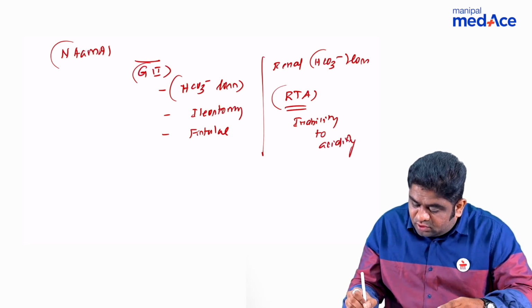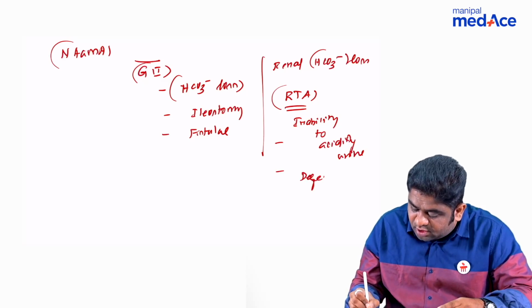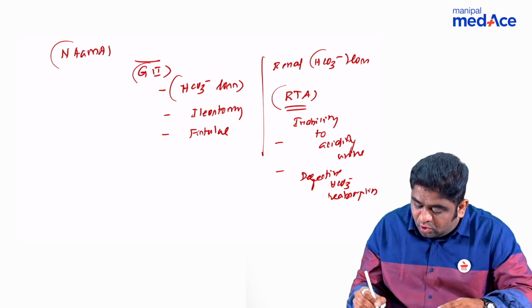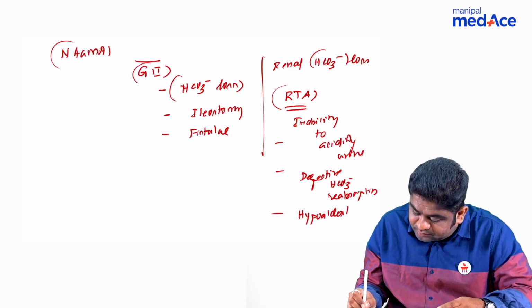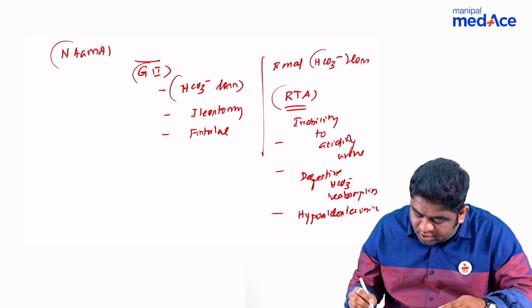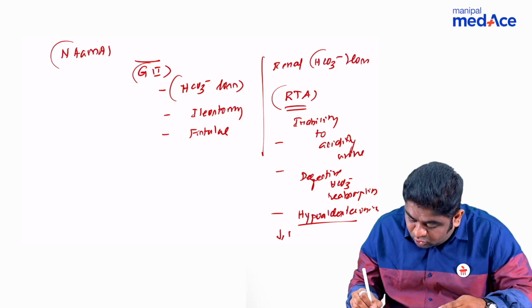As in case of RTA type 1, or it can be because of defective bicarbonate reabsorption, as in case of type 2, or you can also have them in case of hypoaldosteronism. Okay, now you will have impaired ammonium excretion. In case of hypoaldosteronism, you can have decreased ammonium excretion.